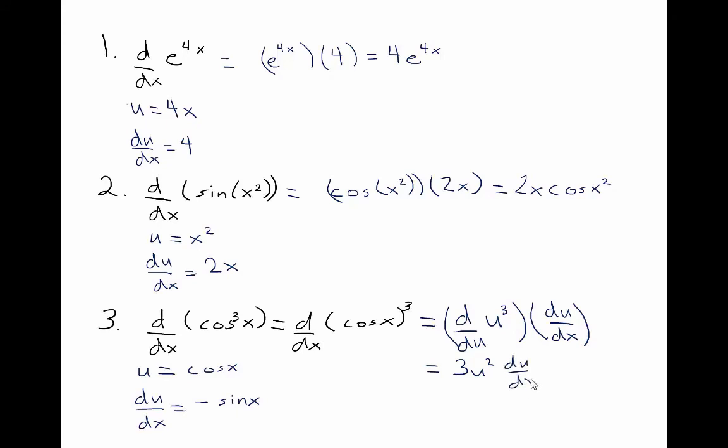So let's plug in what all those things are. u is cosine, so this is 3 cosine squared x times minus sine x. So the answer is minus 3 cosine squared x sine x.